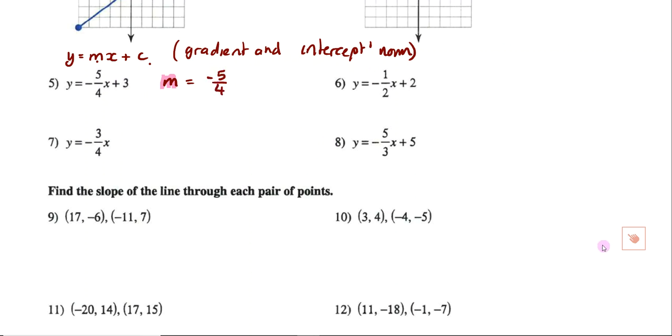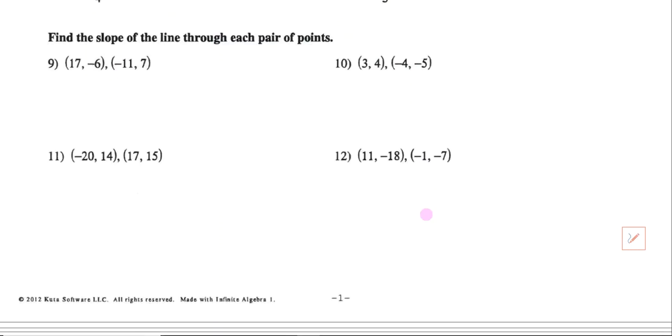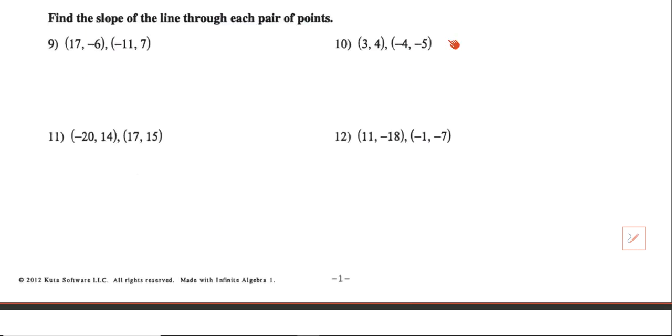So I'm going to let you finish those off, but I'm going to do this next one with you, number 9. So can we do this one together? Ignore the rest of those, you can come back to it. Let's talk about number 9 together. I would like to know, how do you find the slope of the line when you're only given 2 points and you don't have the line?